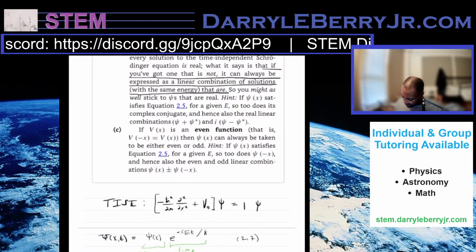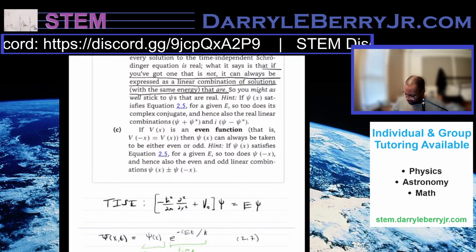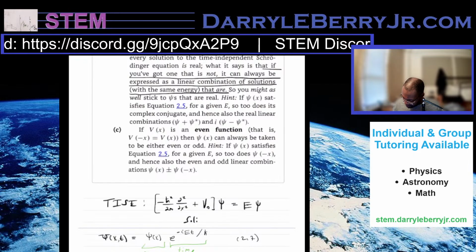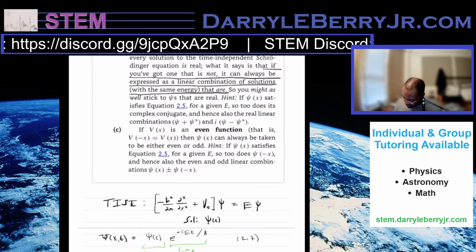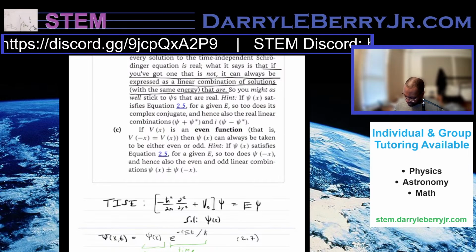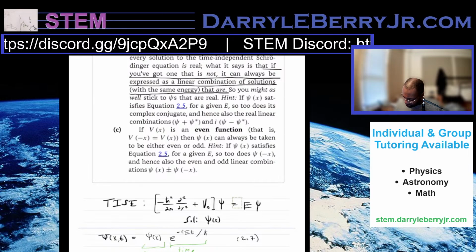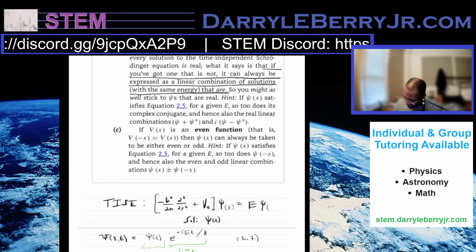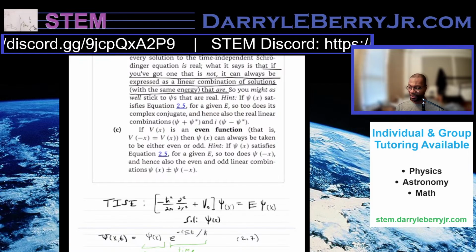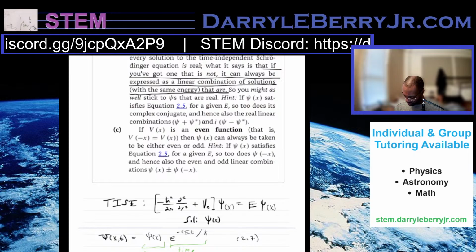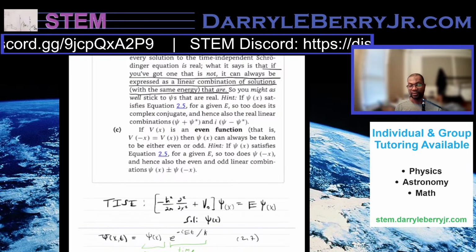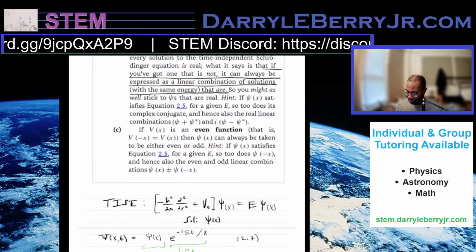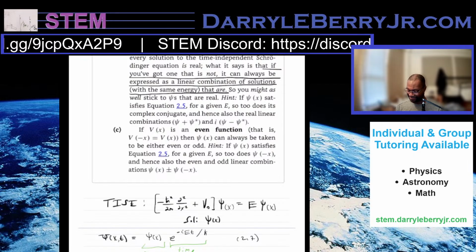So if we can solve this and get a solution to this, the solution would be psi of x, and these are all psi of x's. Then we can sum these solutions to equate to any state. And that'll be the linear combination that can provide a solution for even unreal or complex solutions to the full Schrodinger equation, the time-dependent equation.